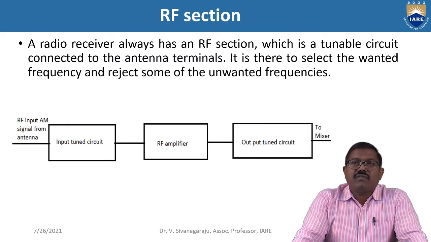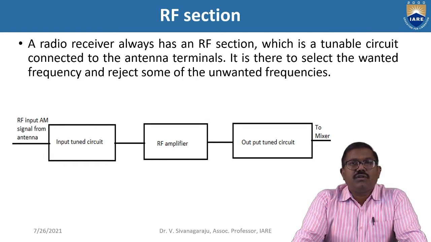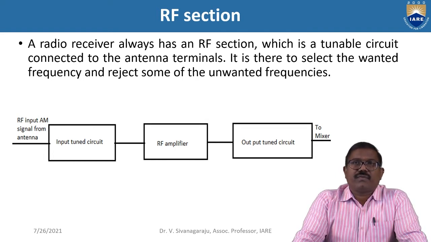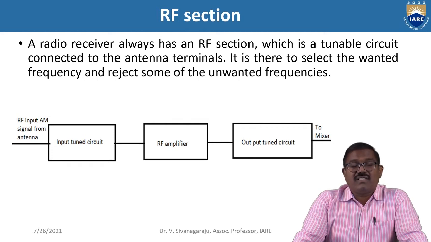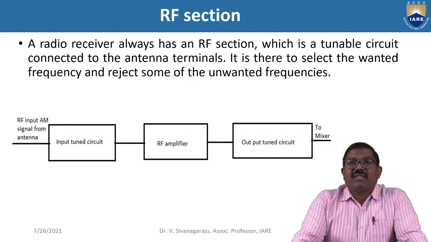This RF section is a tunable circuit connected to the antenna terminals. Why? Because before this RF section, we have the antenna. This RF section must be tuned with this antenna. Otherwise, the selection of the signal is not possible.